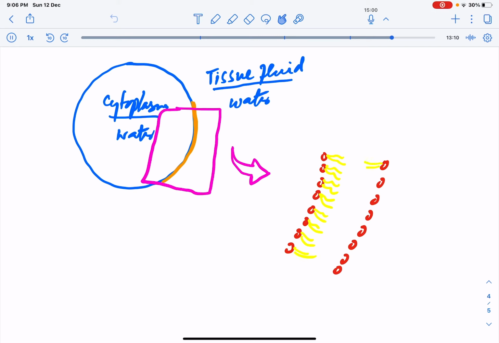So these phospholipid molecules make two layers, and this is known as a phospholipid bilayer.